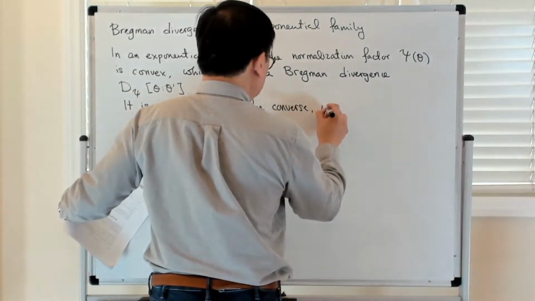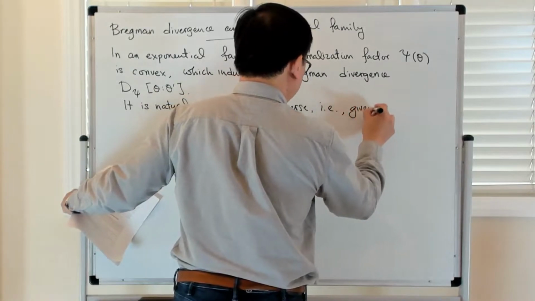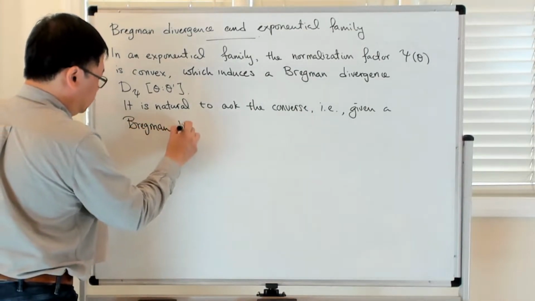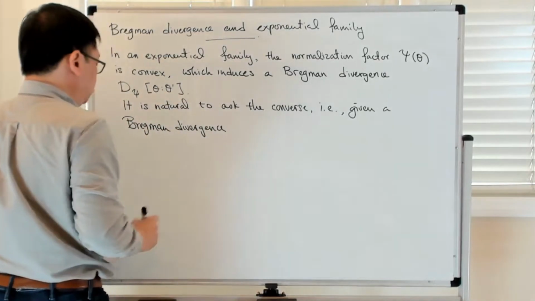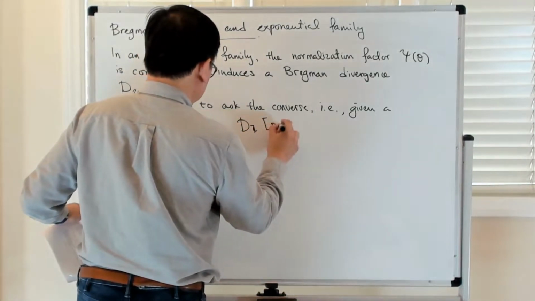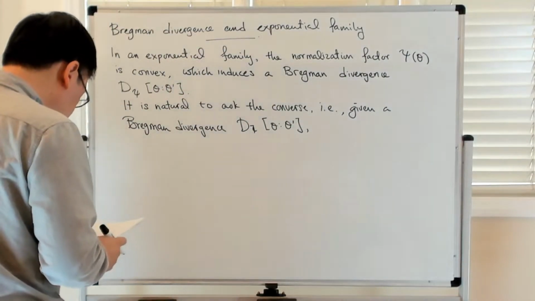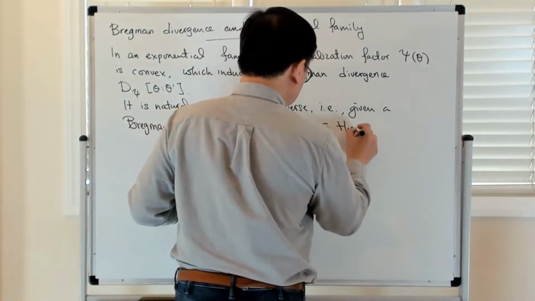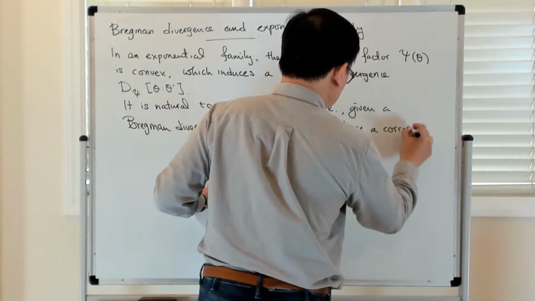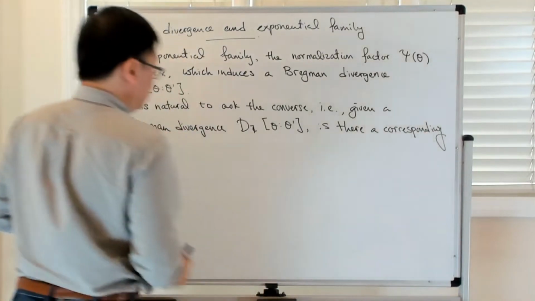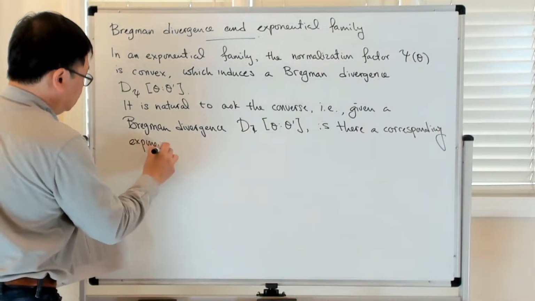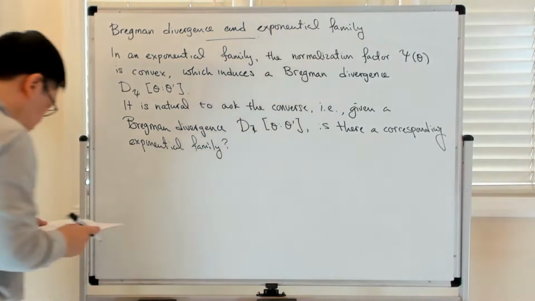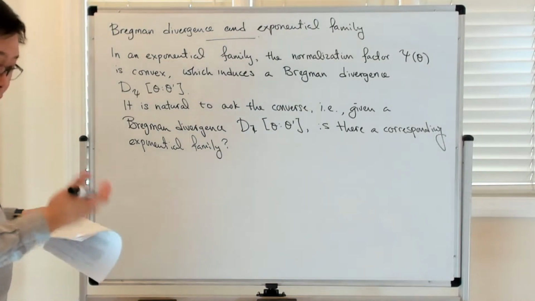Which is to say that given a Bregman divergence, is there a corresponding exponential family? So it turns out that there is, okay?